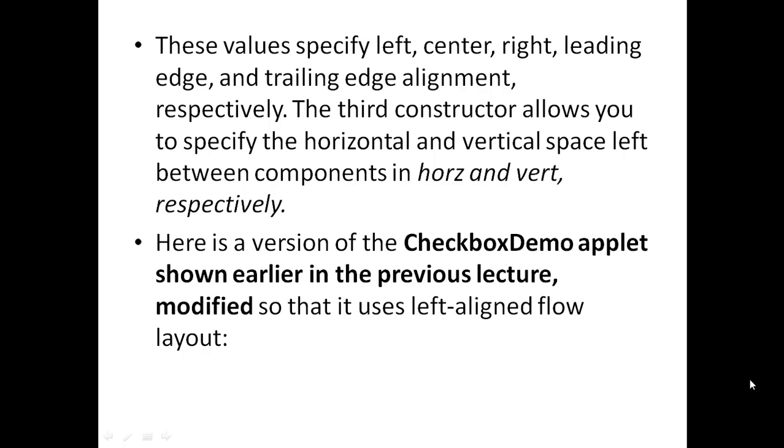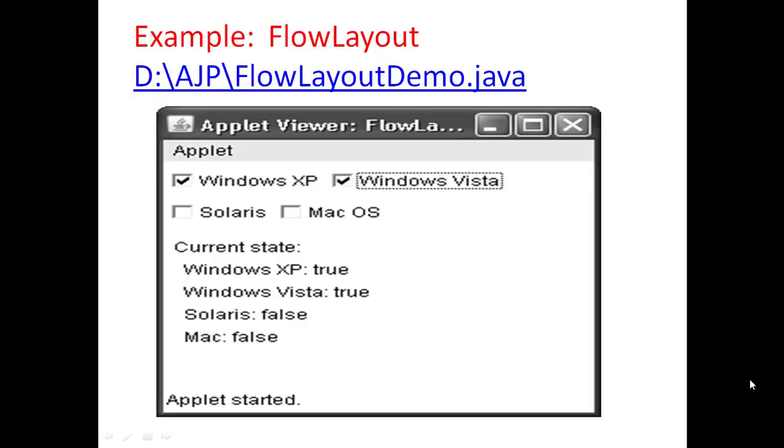Here is an example of the previous checkbox demo applet shown earlier, modified so that it uses the left aligned flow layout. Example flow layout, and in the output for this flow layout window, all the components are positioned at the left side: Windows XP, Windows Vista, Solaris, Mac OS, like this.